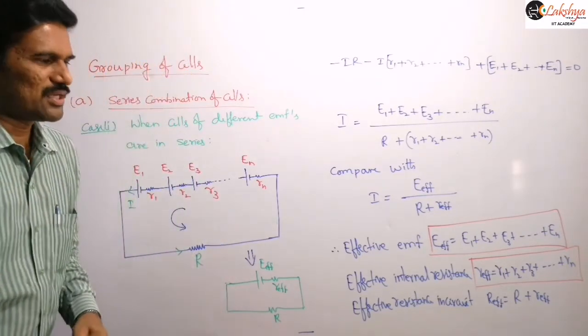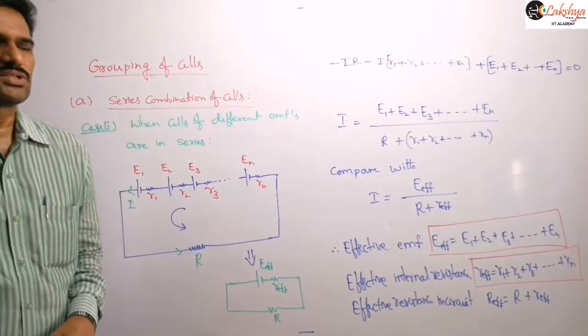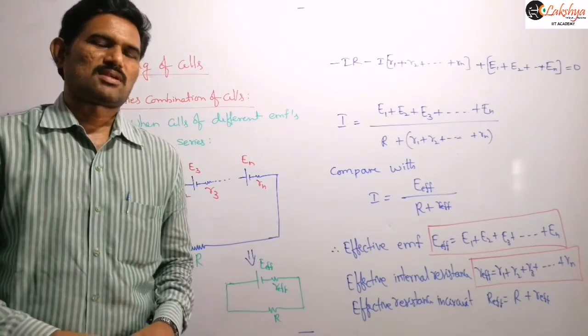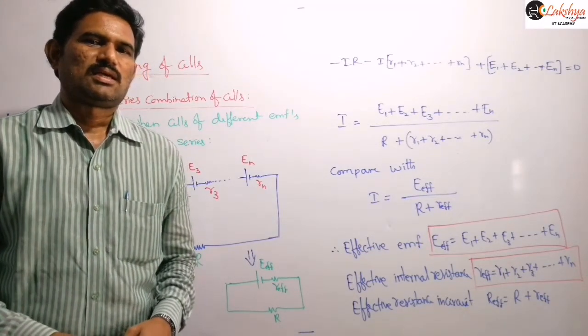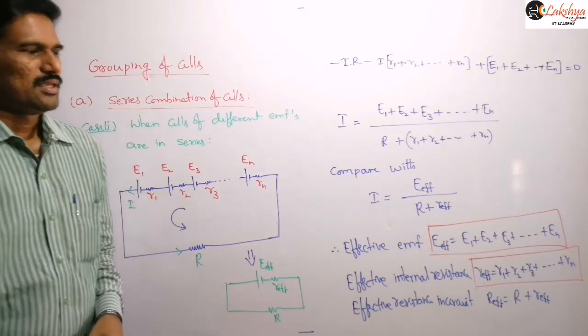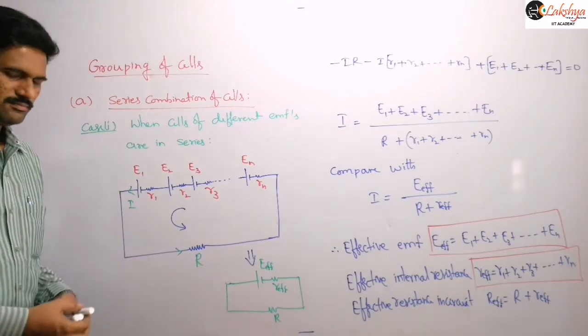And the effective internal resistance will be the sum of internal resistance of each cell.